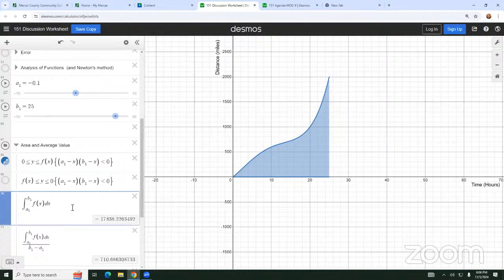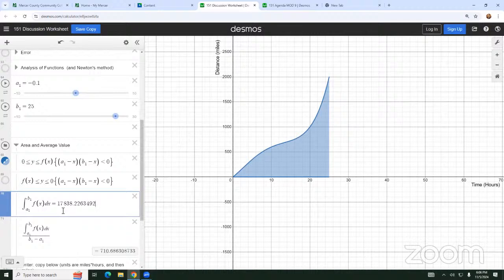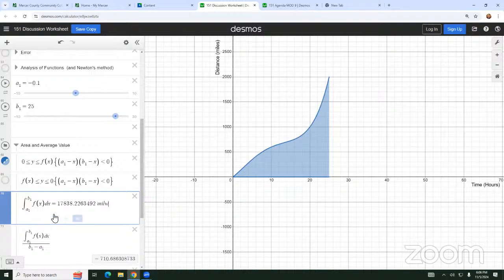Now the units that go with that are miles times hours.